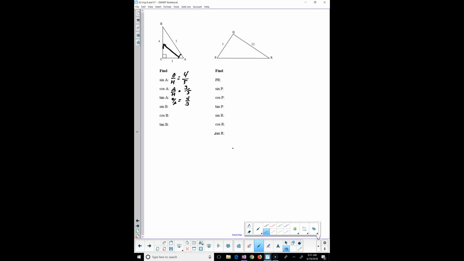Similarly, sine will definitely be a little different for B, but it's still the same ratio, opposite over hypotenuse. But now with B, the opposite is 3, the hypotenuse is 5. Cosine is adjacent over hypotenuse: the adjacent is 4, the hypotenuse is 5.